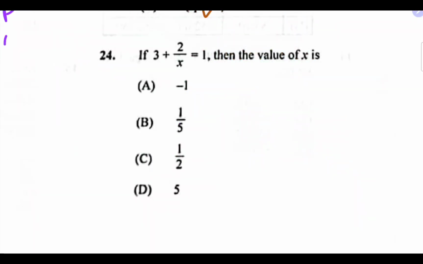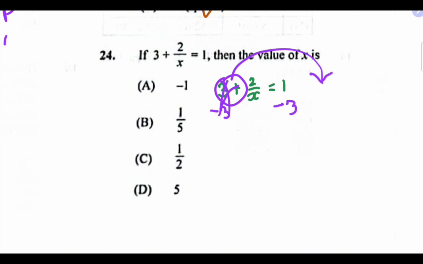Item 24. If 3 plus 2 over x is equal to 1, then what is the value of x? We have 3 plus 2 over x is equal to 1. We can transpose the 3 to send it to the right hand side of the equation so that it meets the 1. So that's going to be 2 over x is equal to 1 minus 3.